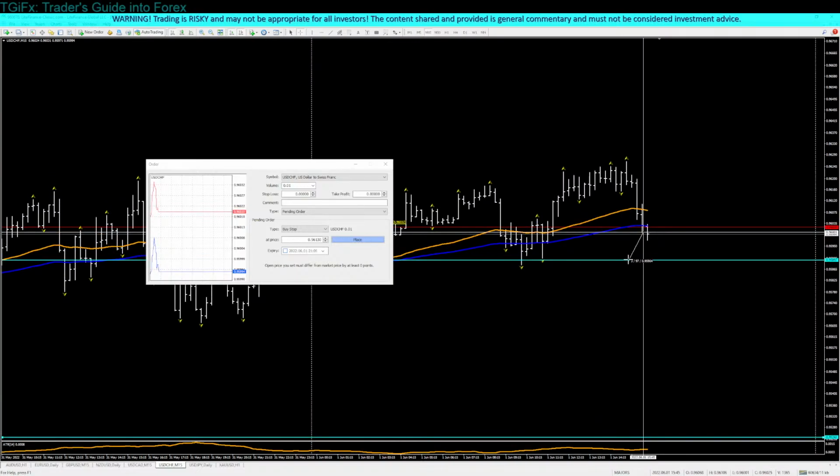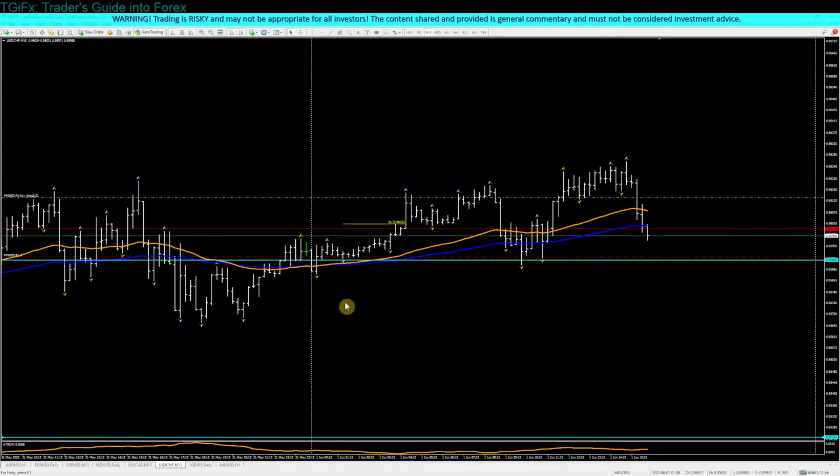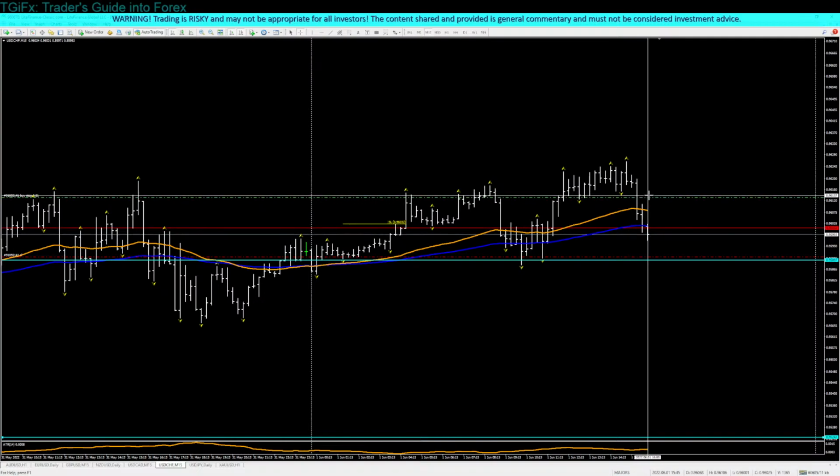So ibig sabihin, I need to move my stop loss a little bit lower at 95.91. Okay, 95.91. Oh, sorry, that's 0.9591. 0.9591. There you go. And that should expire in 15 minutes. Okay, set natin. This is intended to be a 10 pipper trade.